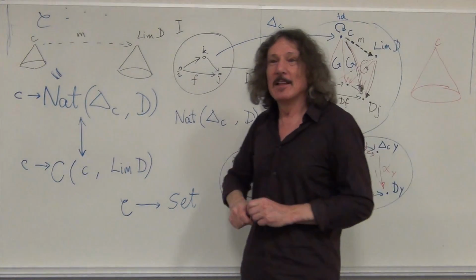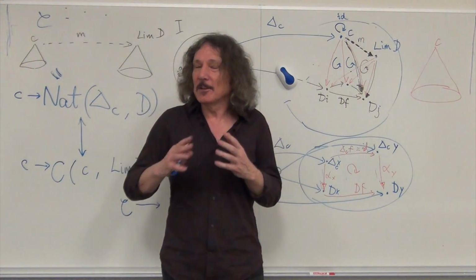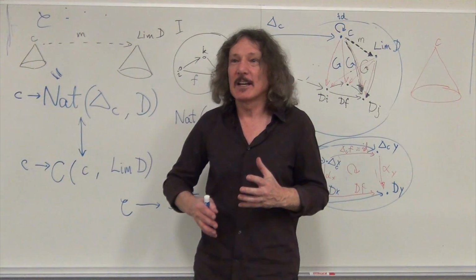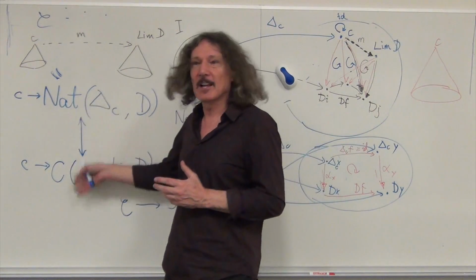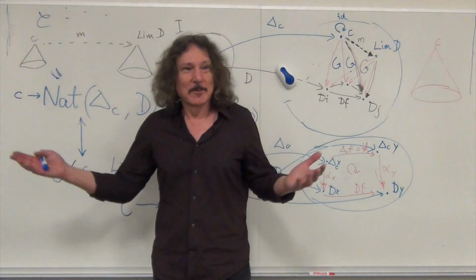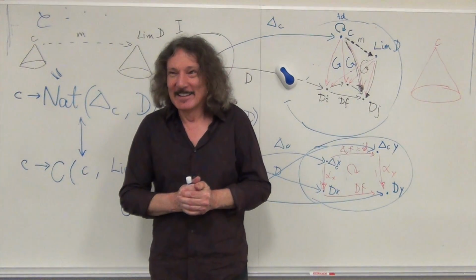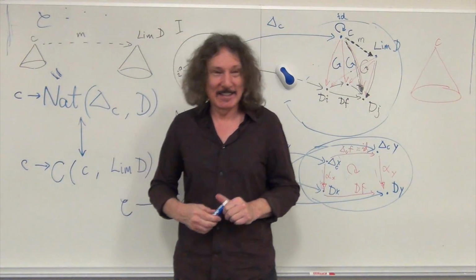So I will have a setup in which I can get rid of these commuting conditions. I'll just say, well, it's a natural transformation between these two functors. What's there to prove, right? Okay? So this will be really exciting next time. Thank you.